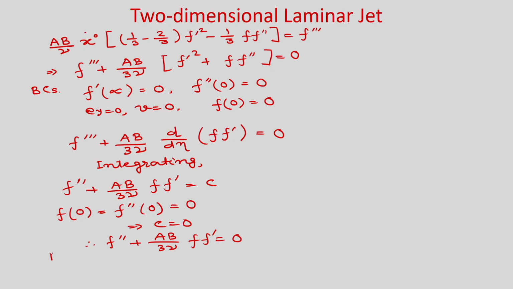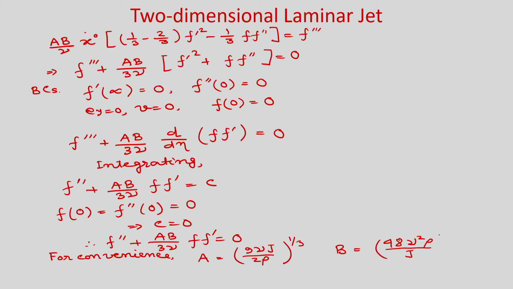So, for convenience, let us choose the value of a as 9 nu j divided by 2 rho to the power 1 by 3 and b as 48 nu square rho divided by j to the power 1 by 3. Okay. So, if you choose that, then the solution will also become easy. So, from here you can see a b by 3 nu, if you calculate, okay, it will become 2.